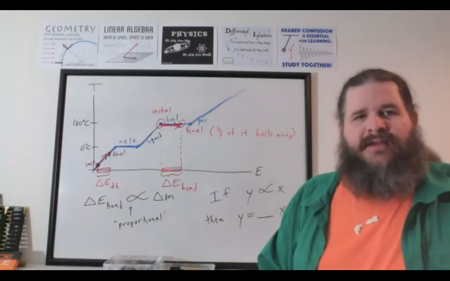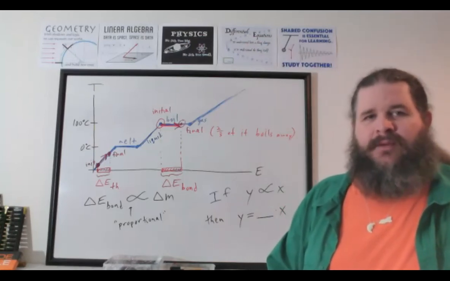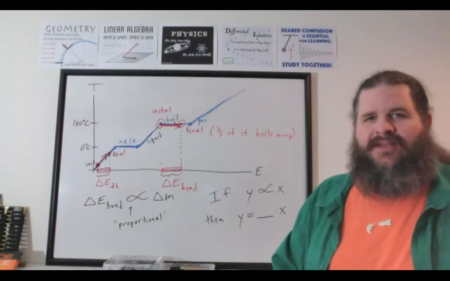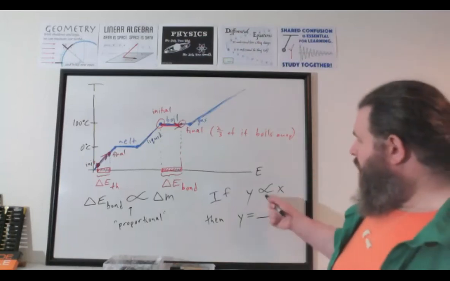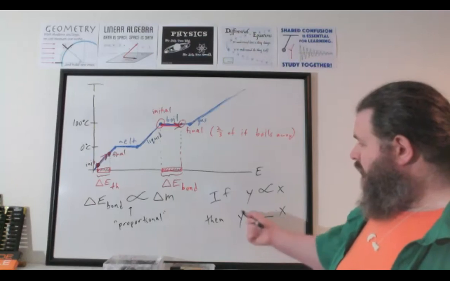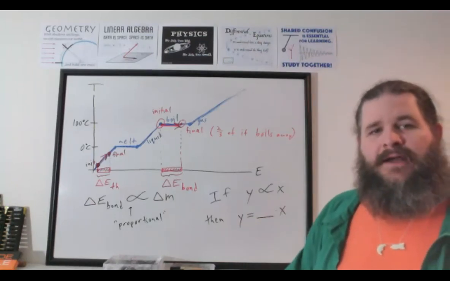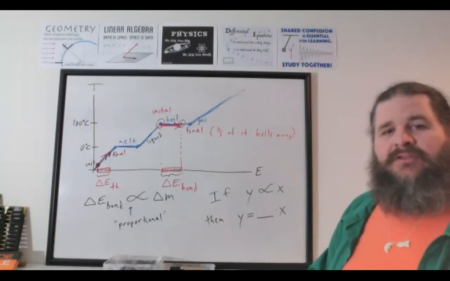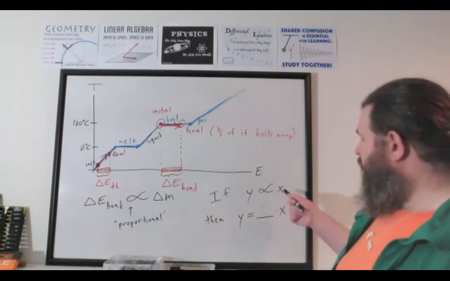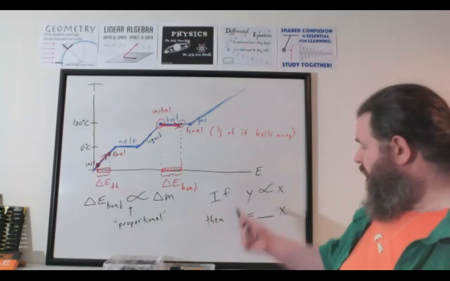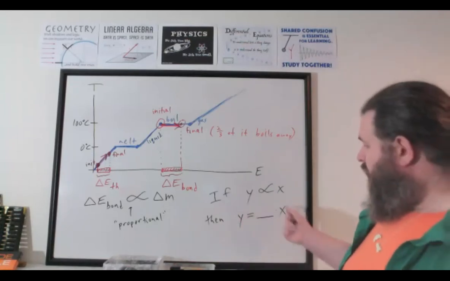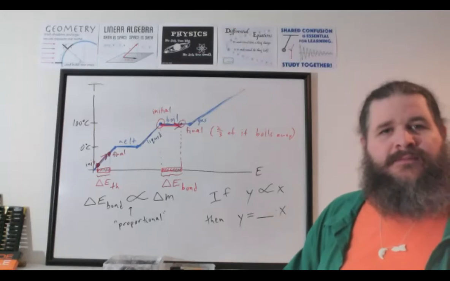Might be 5 times x, or might be 3.5 times x, or might even be a negative 3.7 times x or something. But proportionality always means you can write it as one of the values equals some constant times the other value. We might not know what that constant is, but we can usually find it experimentally. Take some measurements on values of x, take some measurements on the corresponding values of y, plug those in, and you can solve for that unknown constant.